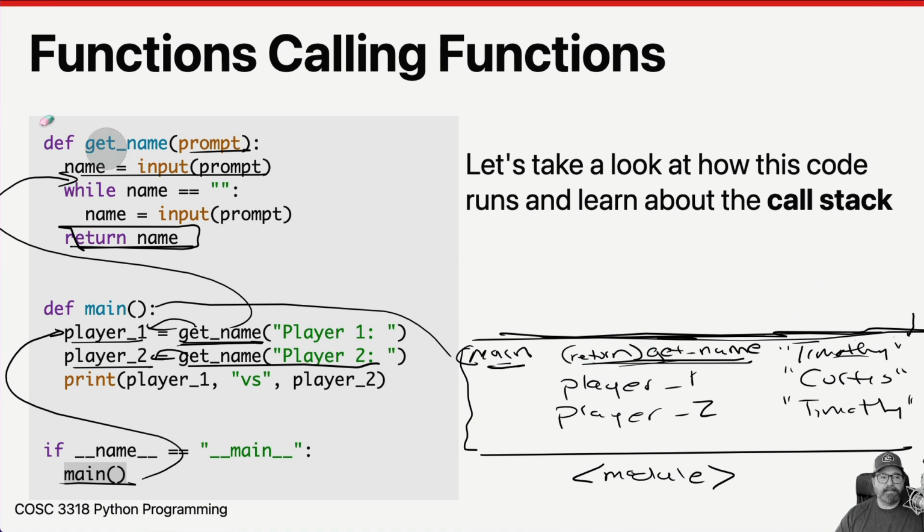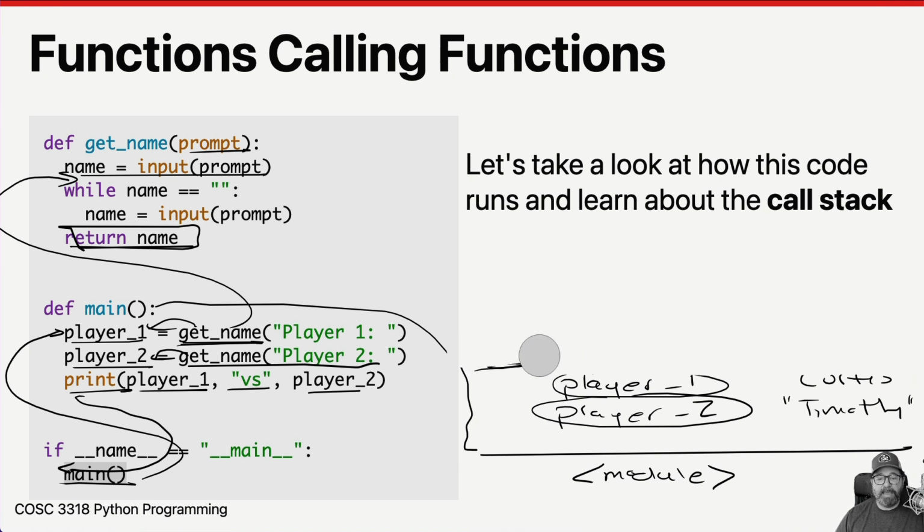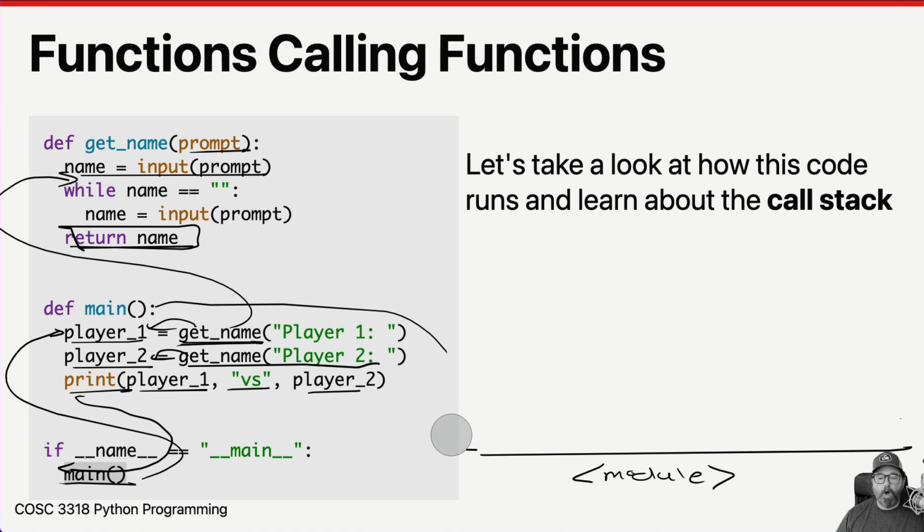So now we're only inside main, and we print out player 1, which is a variable inside main, versus player 2, which is a variable inside main. And then once we're done here, we come back to the module level, and Python's like, well, you must be done with main because you've exited it. So now all of those values and variables go away.